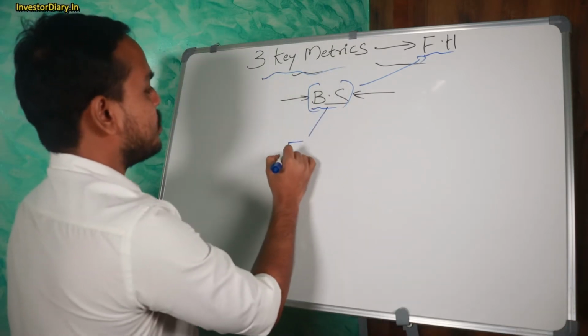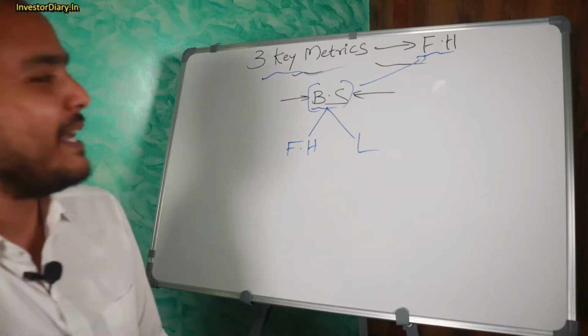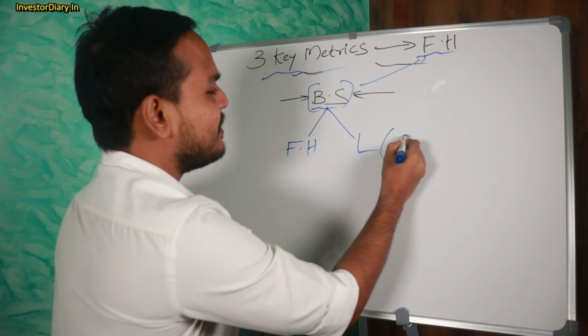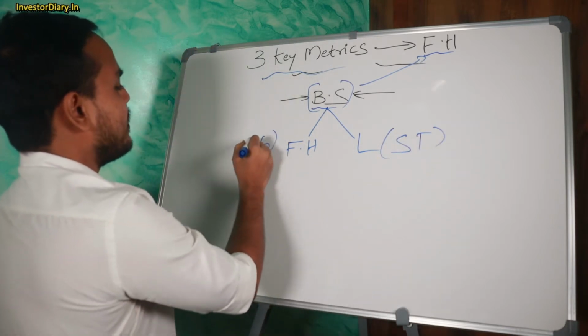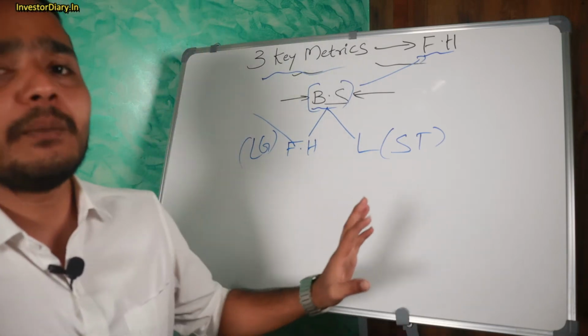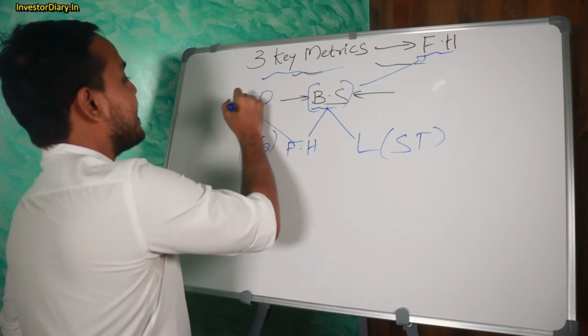We read the balance sheet to understand the financial health and liquidity position of a company. Basically, liquidity and financial health are more or less the same. This is basically short-term oriented. This is long-term oriented. Now, what is financial health? Financial health is nothing but whether the company can meet its long-term obligations or not.